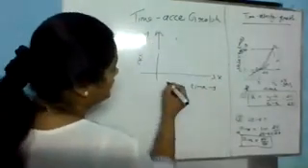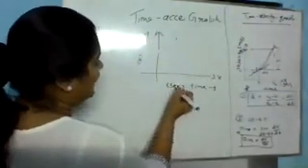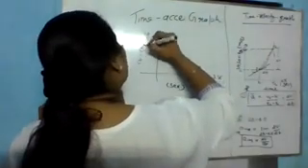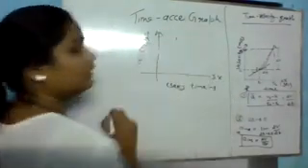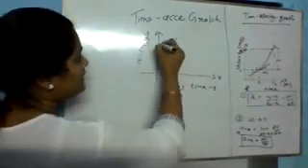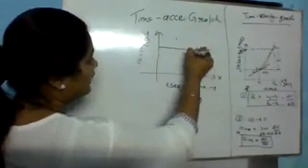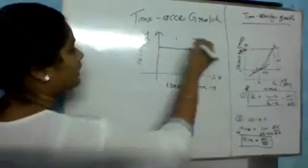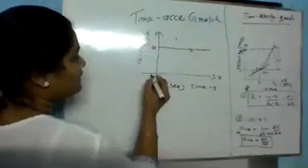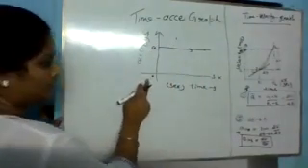The unit of time is second and the unit of acceleration is meter per second square. So just imagine this is the graph. This is your acceleration. This is your origin point.